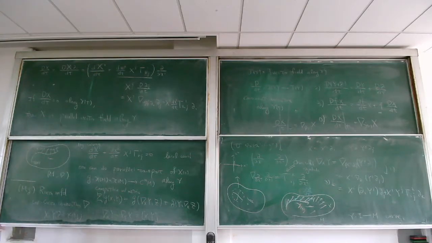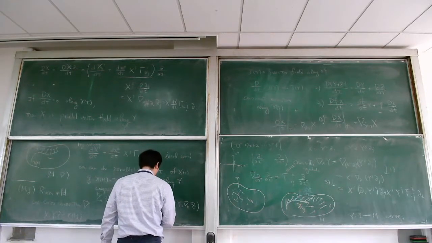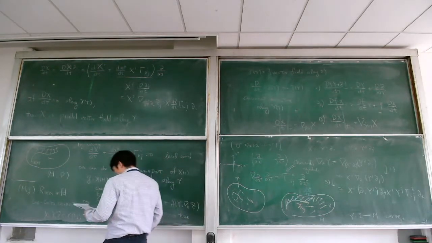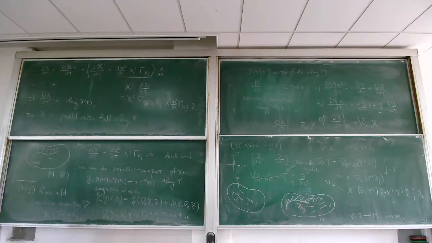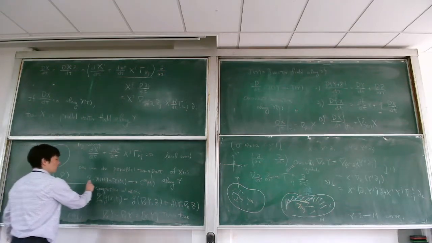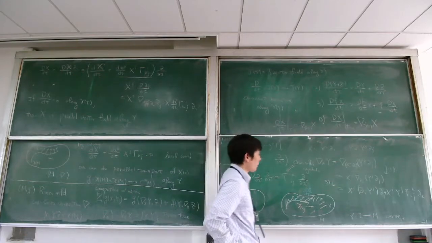It's a vector field. So this is called symmetric or torsion free. I prefer to use torsion free. So these are the two conditions one can impose on a Riemannian manifold.